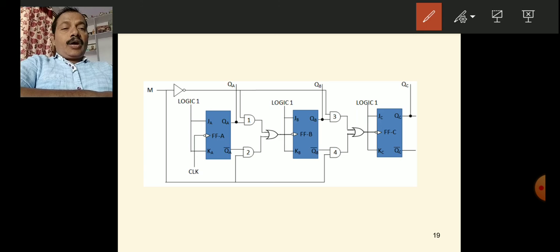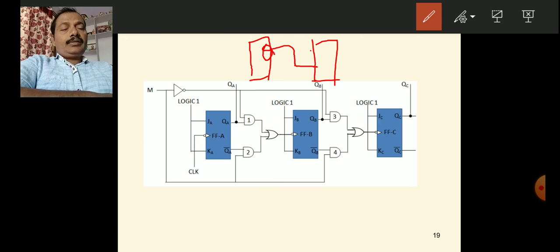the QA output. One important thing you have to remember is, for example, here one flip flop is there, here the next flip flop is there, because each flip flop has Q outputs and Q bar outputs, complementary outputs. If you connect this Q as a clock signal to the next flip flop, then it will act as an up counter.